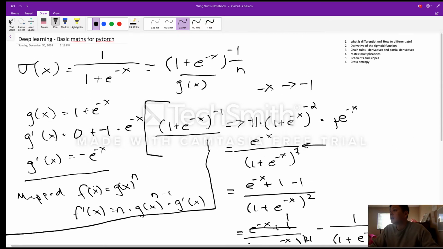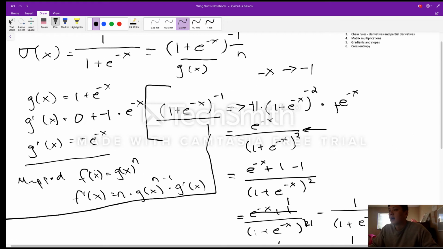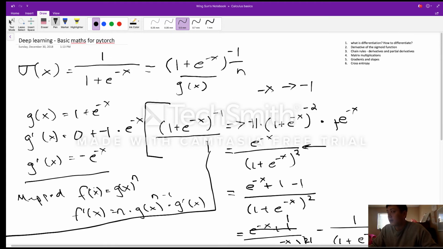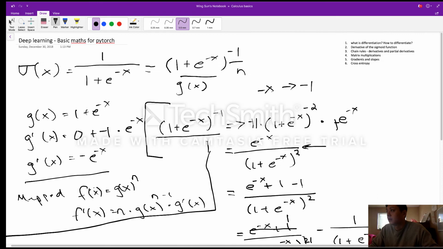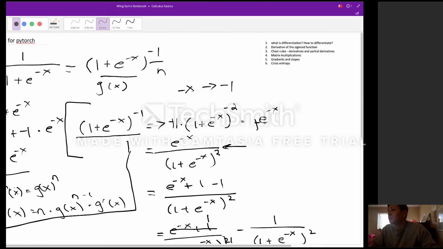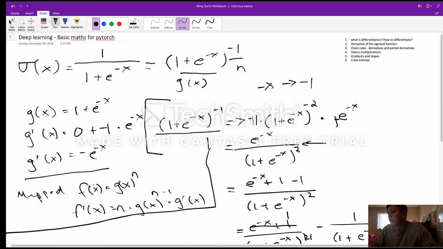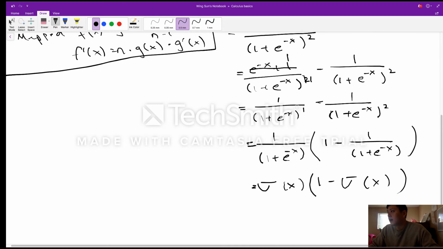So basically, in general, the sigmoid function, if you look at the map system that I've developed, involves the polynomial type mapping and the exponential type mapping. So you can use the map system to solve these sorts of equations.